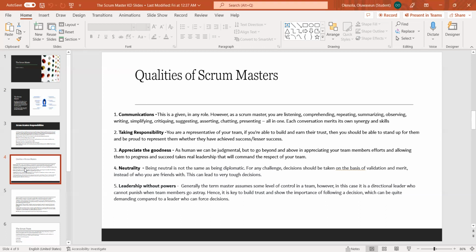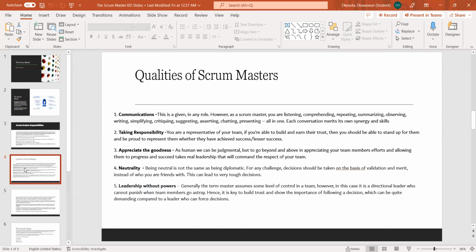A Scrum Master does not condemn. So it's very imperative that you give your team members accolades, you appreciate them from time to time, because that alone is a motivation on its own. When you do that, they are willing to do more. They are willing to commit to ensuring that they deliver on their commitment, basically.